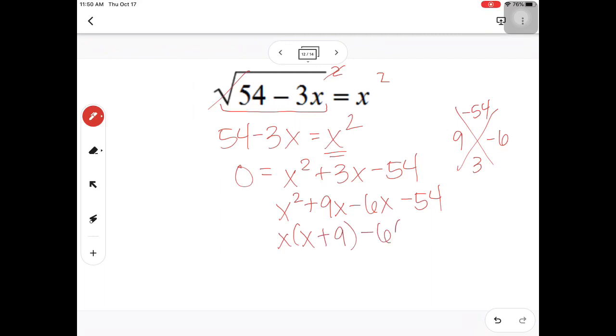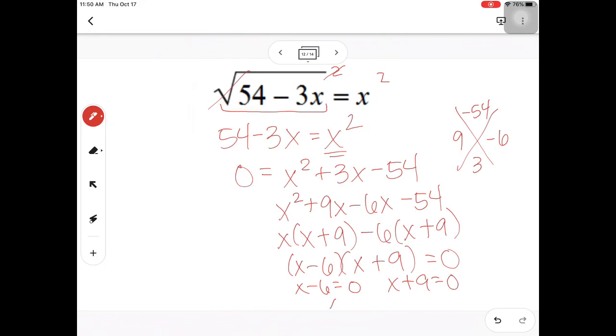It just started as a radical. And then again, you're going to set x minus 6 equal to 0, x plus 9 equal to 0, and x is 6, and x is negative 9.